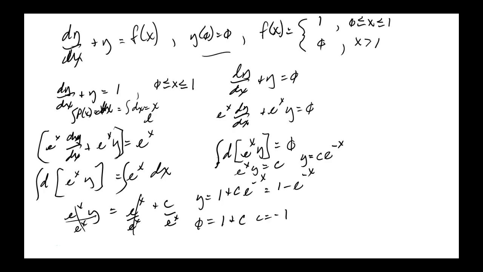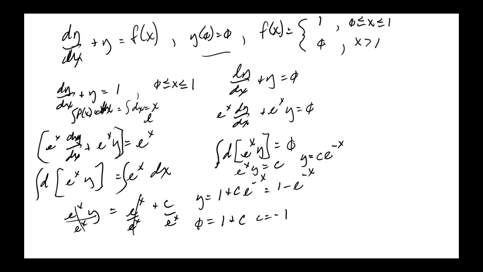Now, this is the kind of strange part. This function here is a jump discontinuity. It's 1 between 0 and 1, 0 everywhere else. The function we've got here is a function that at x equals 0, you're at c, you're at 1, okay, because, no, you're at 0, aren't you?